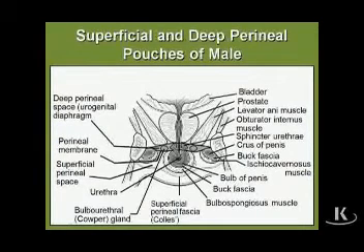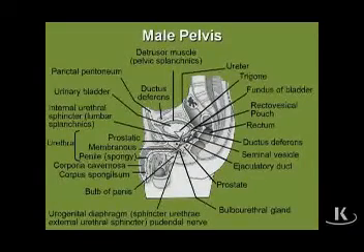That space is called the superficial perineal space. So urine from the urethra, with a rupture of the urethra in the perineum, can escape from the urethra into the superficial perineal space. If we go back to the previous diagram for a moment, we can see, here's that superficial perineal space where urine is flowing into.